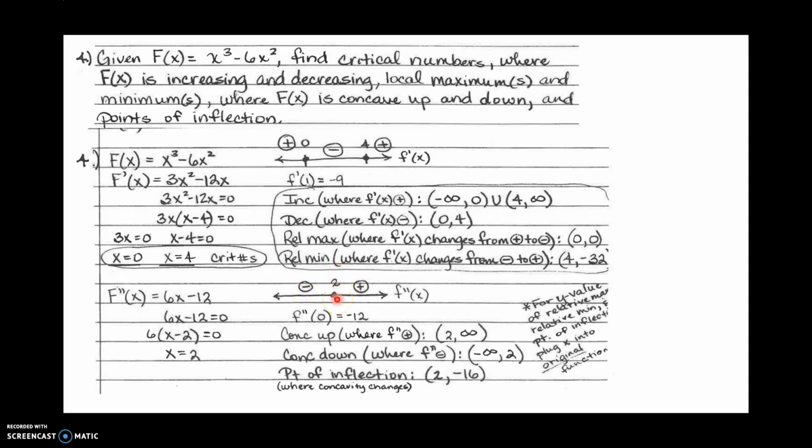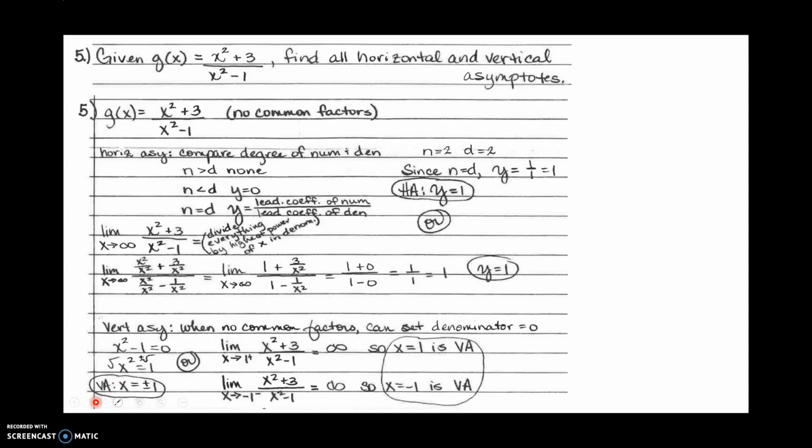I have a point of inflection at 2, and that is a point on the original function. So I'm going to plug 2 back into the original function up here, and I get negative 16. So my point of inflection where the concavity changes is at 2, negative 16.